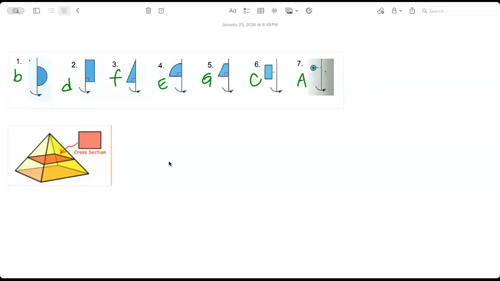So the horizontal cross section of a square pyramid is a square. Does that make sense? What is the vertical cross section of the same figure? Triangle. Good job, guys. So you need to know what is a cross section. They may give you different shapes and ask you what is the vertical cross section, what is the horizontal cross section of that 3D object, then you need to know that.